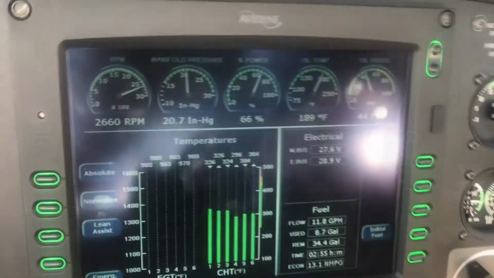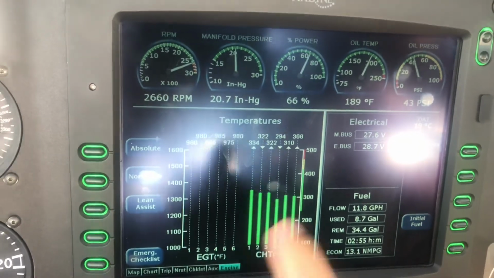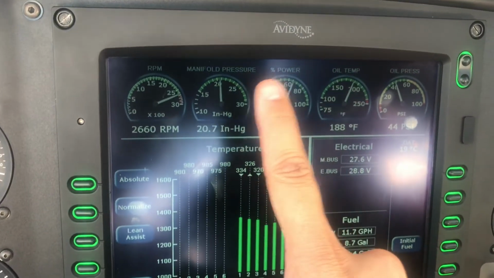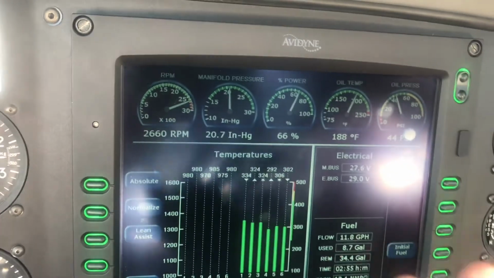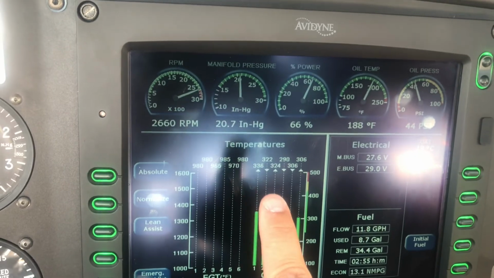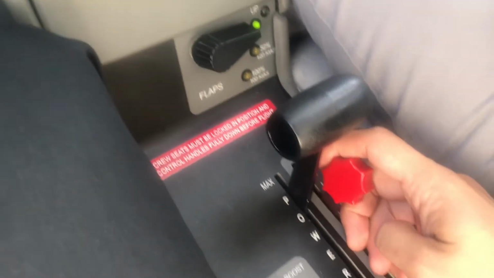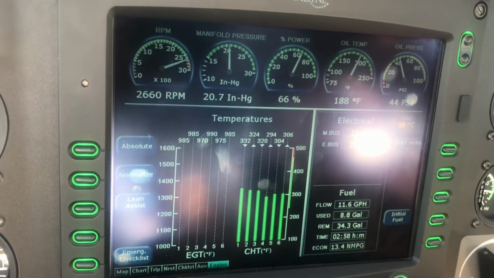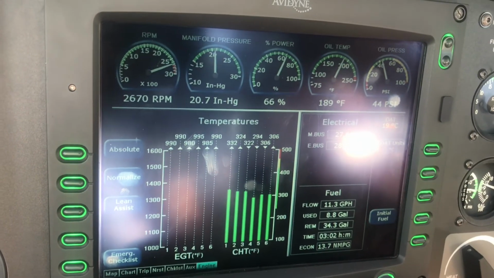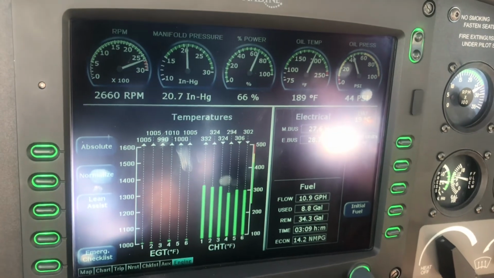Alright. Now I'm going to show you really quick the relationship between best power and best economy. We have this instrument here that will give us the percentage of power we're using right now. So right now, remember, we are on the best power setting. And I'm going to go to the best economy zone. I know where it is, I just want to show you the percentage of power that is going to change.